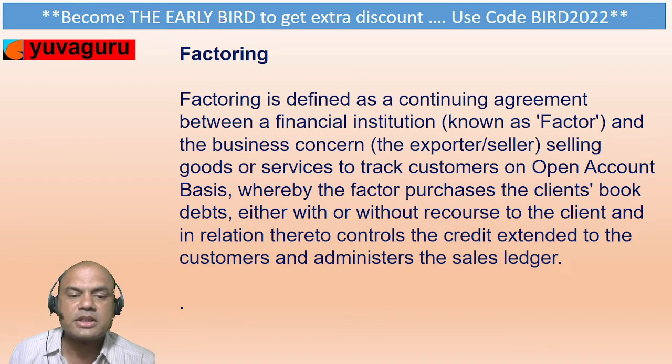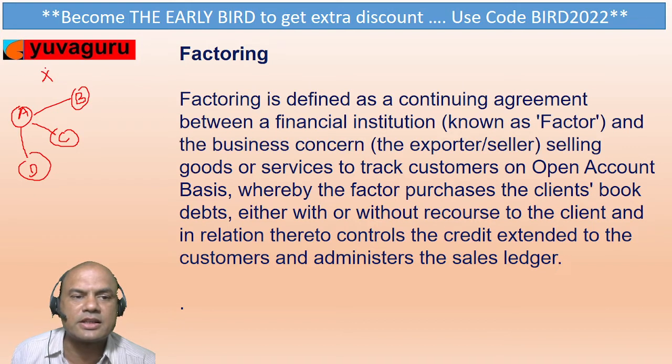Suppose this is customer A, this is bank X. It has sanctioned the limits to customer A. Now this customer will be having many buyers. B will be his buyer, C will be his buyer, or D will be his buyer. So when bank X sanctions these factoring limits to A, it doesn't sanction to A alone, it sanctions to A to B relation, or A to C, or A to D.